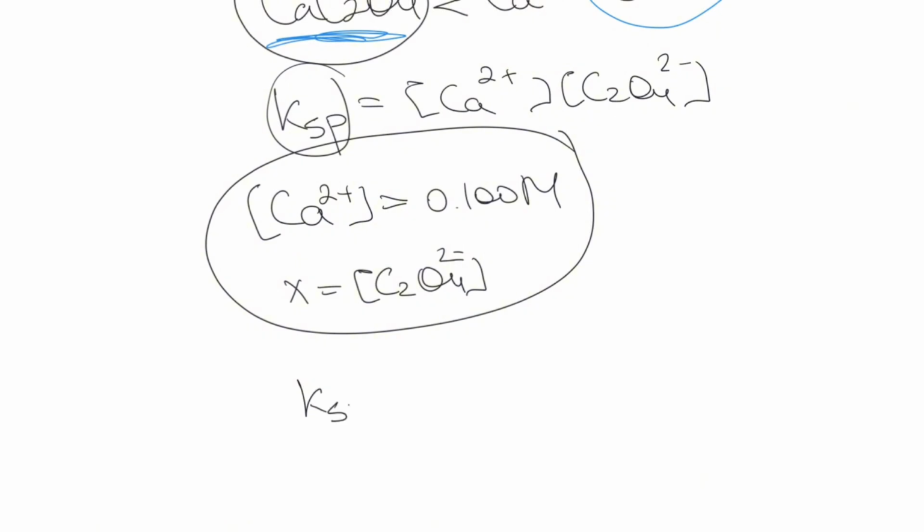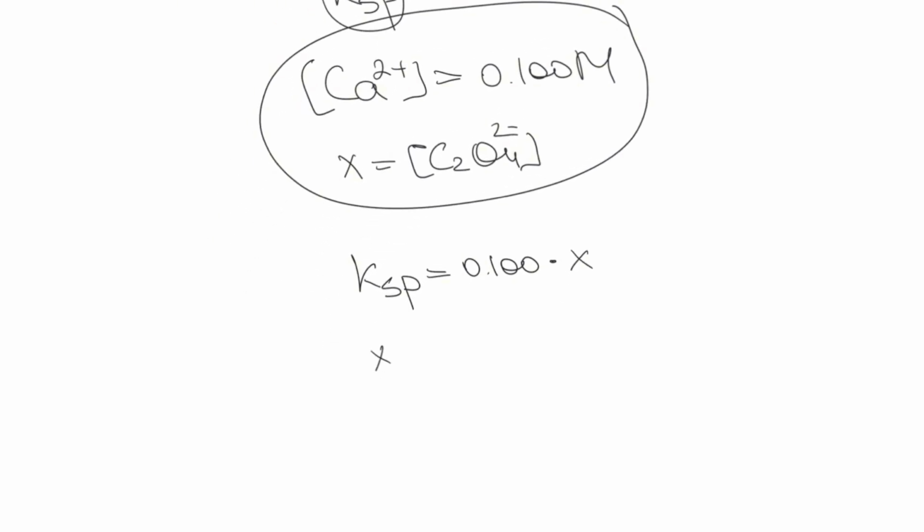So KSP will be equal to 0.100 multiplied by X, and here our X will be just equal to KSP over 0.100. And this is equal to 2.7 times 10 to the power of negative 8 molarity.